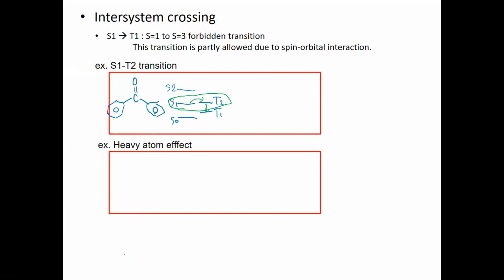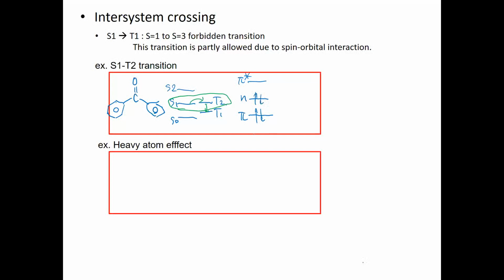First, S1. Since this one is a carbonyl molecule, I would like to remind you that the molecular orbitals we have to think about are pi, n, and pi star, right? And in the ground state, the electrons are occupied like this.